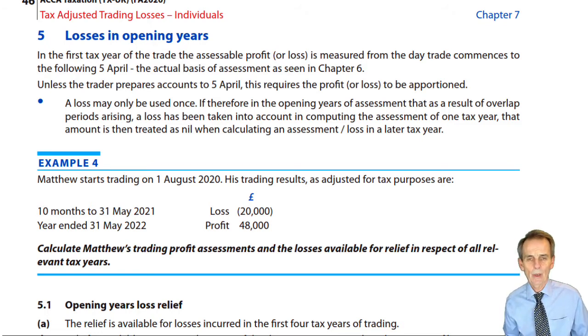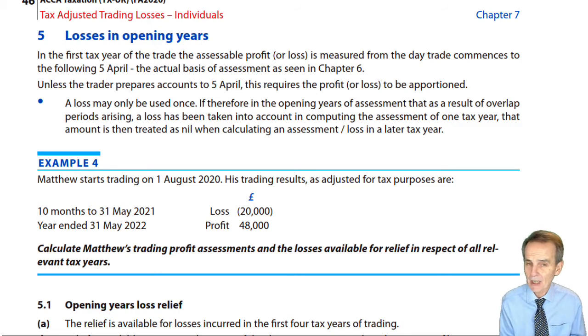The key issue when we have losses arising is that we cannot get the benefit of a loss twice over. So if a loss-making period falls, as it will, into more than one basis period for more than one tax year, then the loss must be allocated to the first of the tax years in which it falls.